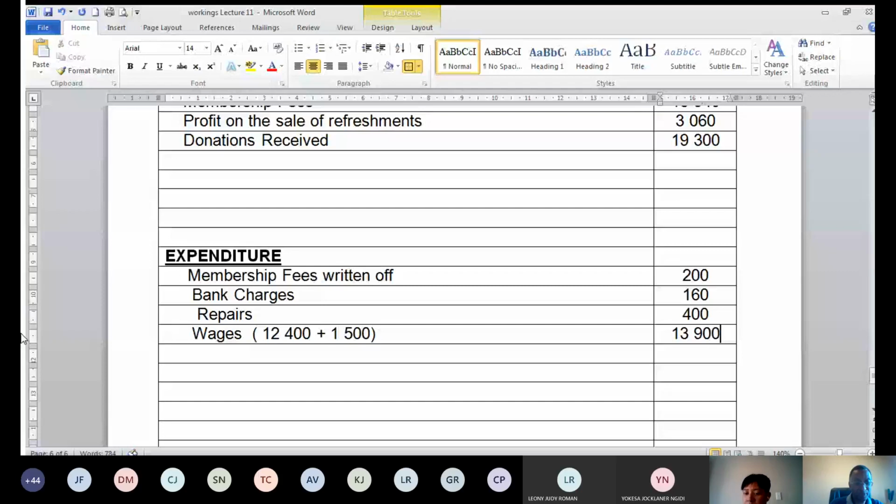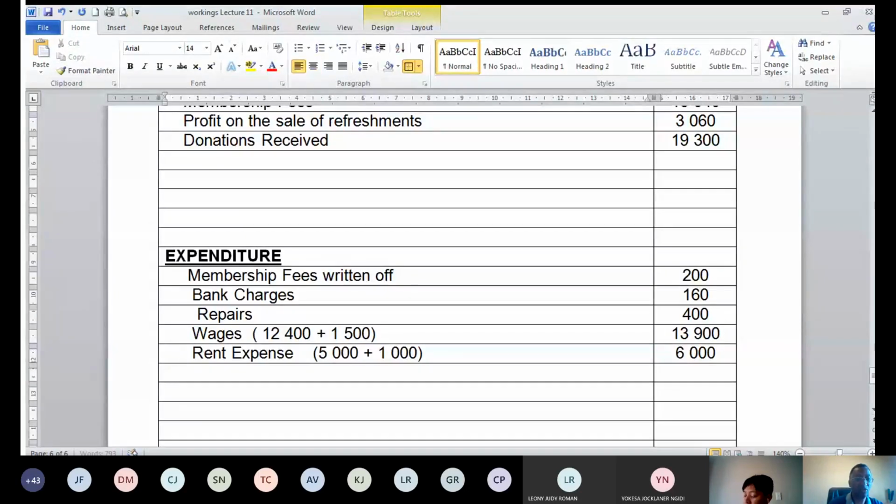Next item in your list of accounts there, guys, will be our rent expense. Once again, there's an adjustment involved here with rent expense, guys. Rent expense, we had the 5,000 that was paid out according to our list of accounts. But remember, we have established that there was 1,000 Rand of accrued expenses that we did not pay. And our rent expense, therefore, is the amount of 1,000 Rand.